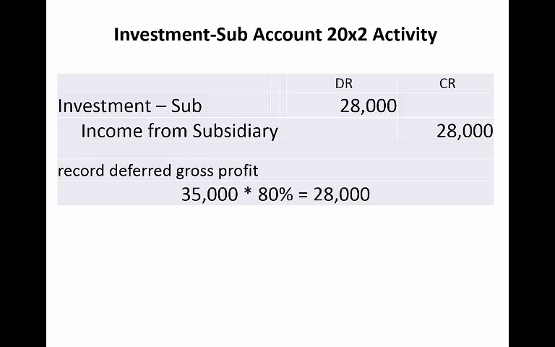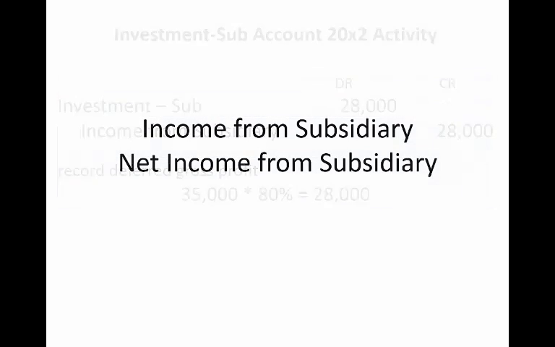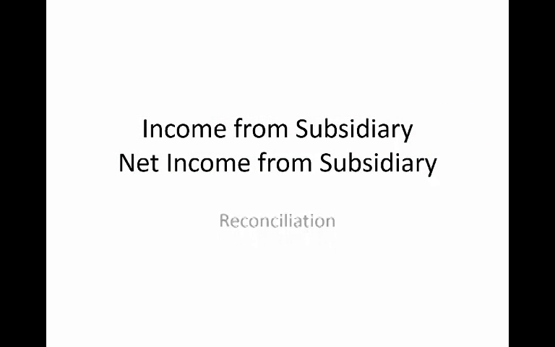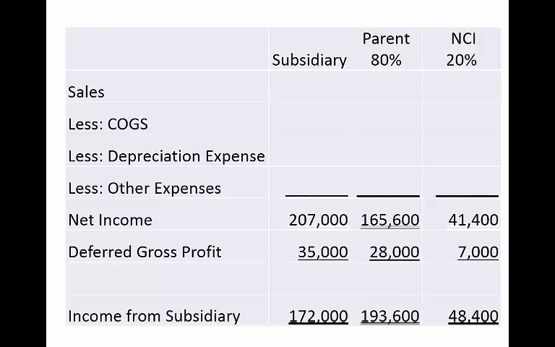But again, notice that the parent only gets 80% of that deferred gross profit of $35,000, and that's $28,000, and you see that in the entry above. You can notice here that we add this to our income in the second year.